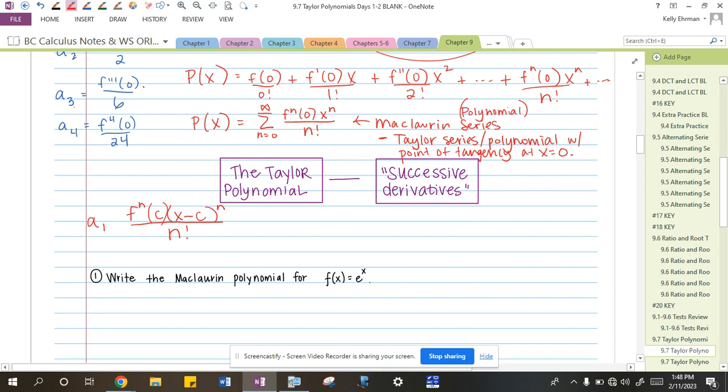This is what a sub n would equal. Oh, I'm sorry, this is what the series would equal, from 0 to infinity. So the Taylor polynomial series would be this.